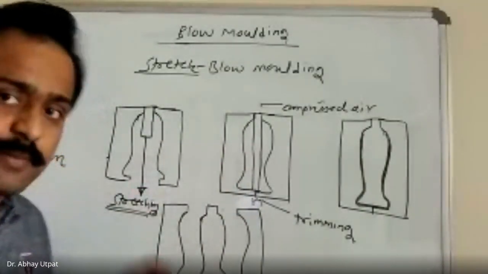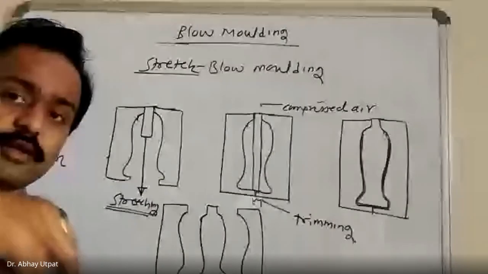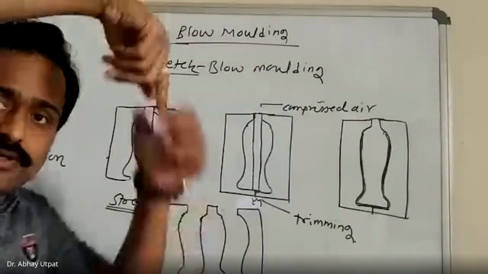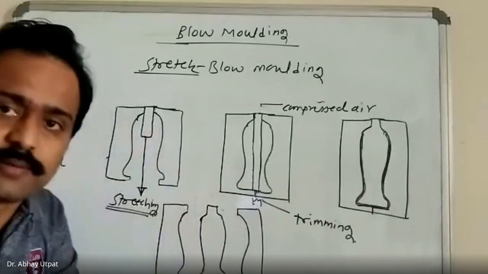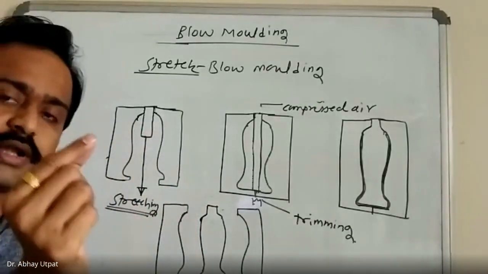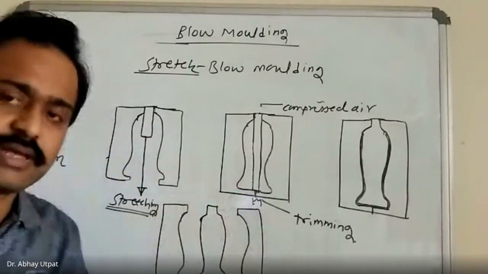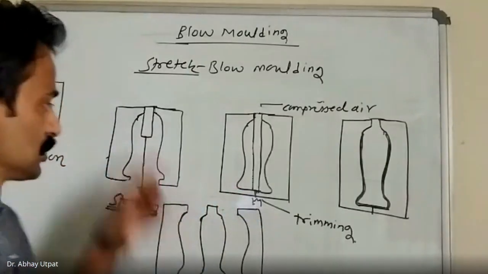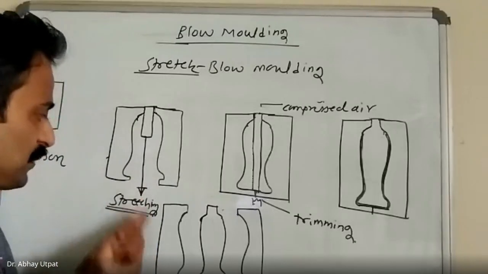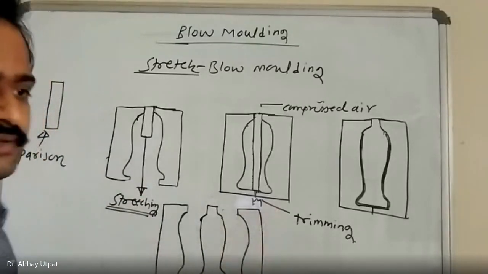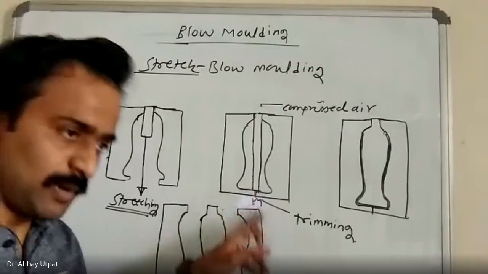Sometimes there may be an arrangement where a certain rod is inserted from the top. That rod goes down, taking the parison up to the bottom, and that rod itself is hollow, through which air may come. So this will be taken down, and once it comes down, trimming is carried out here because it will come outside the die.